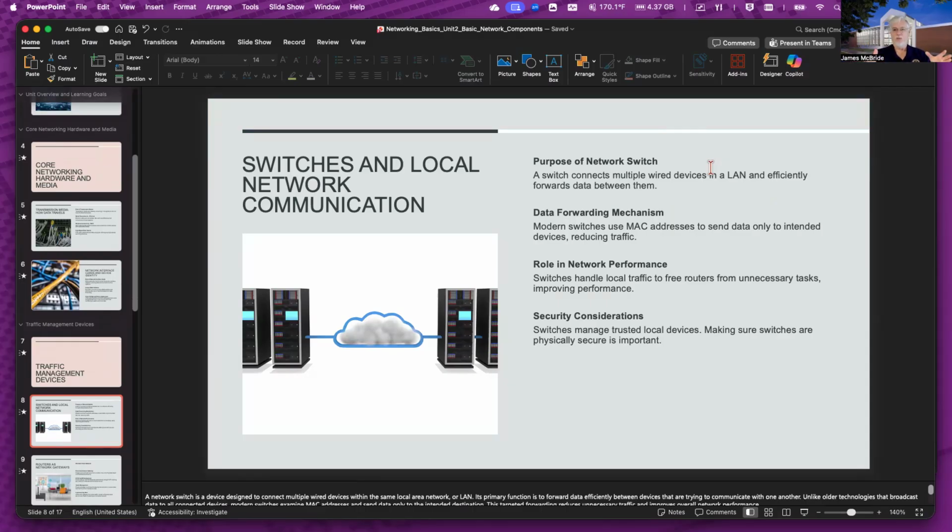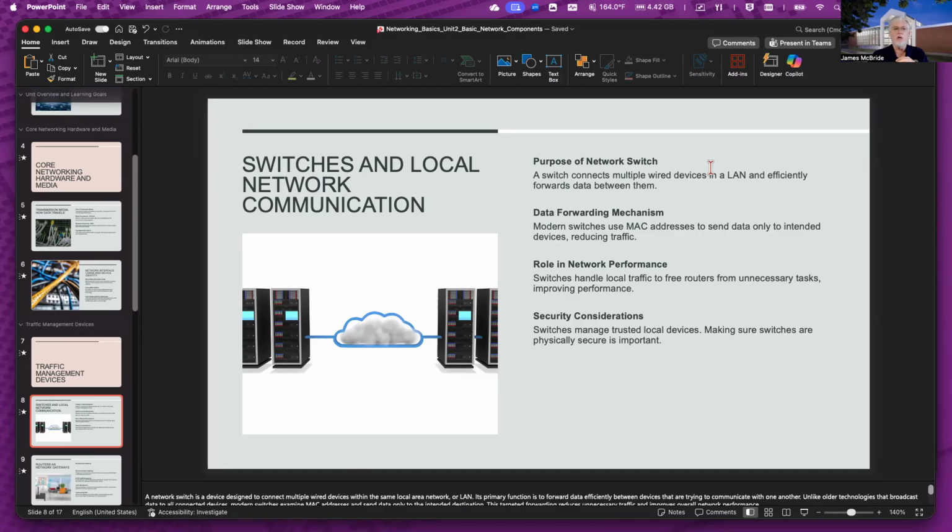You're on EAC's network, that's their LAN, and your device, whether it's your phone or your tablet or your PC, is going to have a MAC address. It's going to hit the switch, and you're going to say, hey, switch, I need to talk to the printer that's in the same room. And the switch is going to go, oh, I know that printer. So there you go, you're connected. I know both those MAC addresses. There you go. You can communicate now.